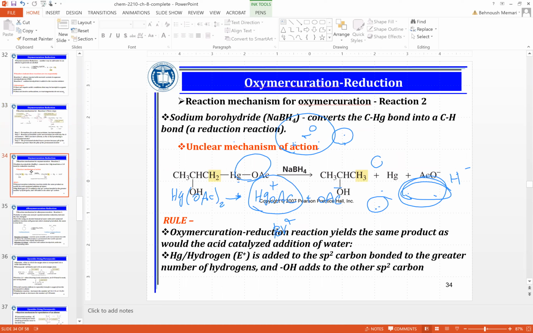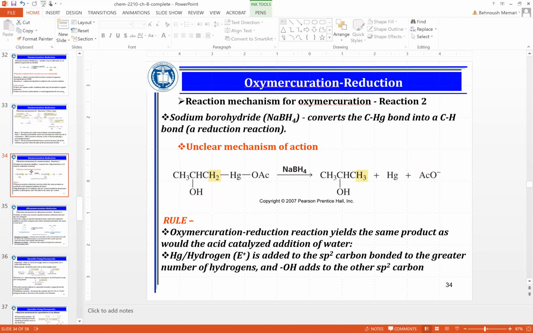So all the steps that you saw in oxymercuration were repeated from mechanisms that you saw before. A triangle is going to form, and then water would come from the opposite side. The triangle would break, and then you have a product after removing the H plus.